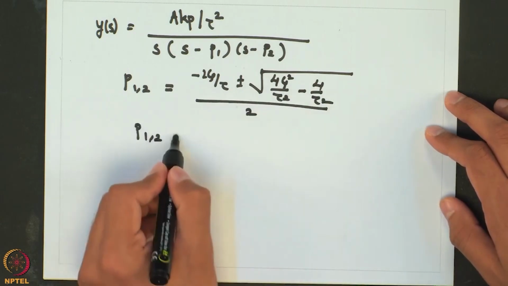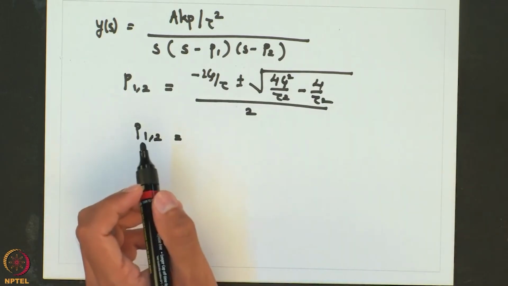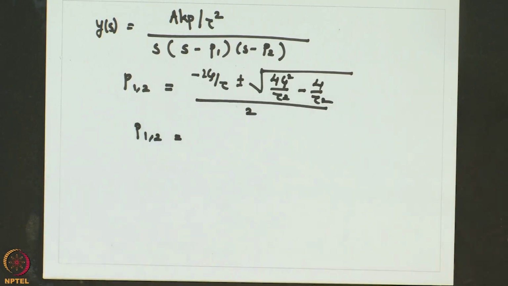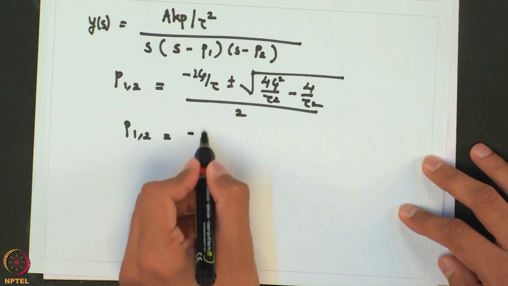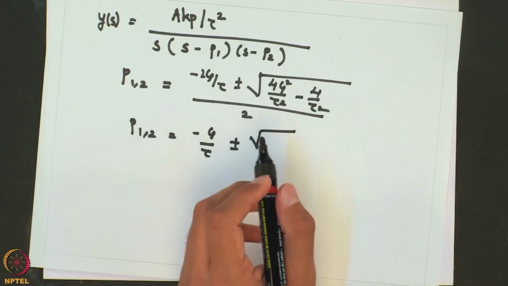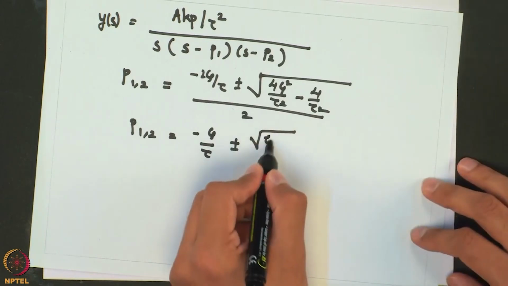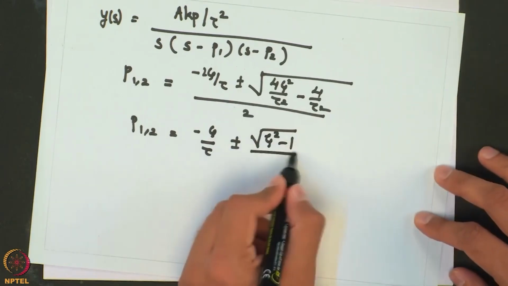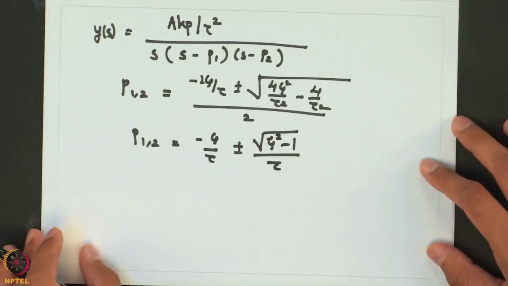So p1, p2 can be given by minus zeta over tau plus minus root of zeta square minus 1 over tau.